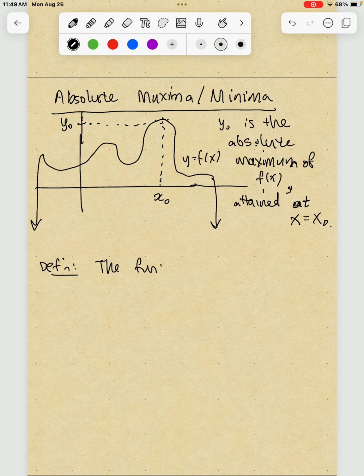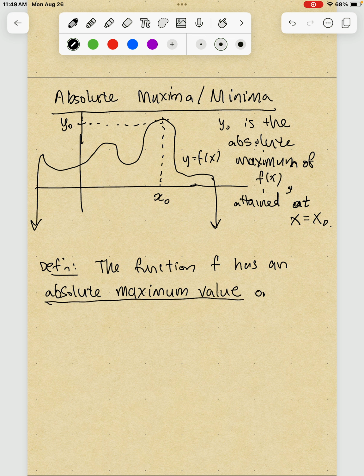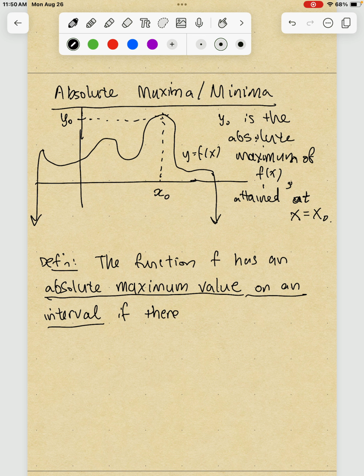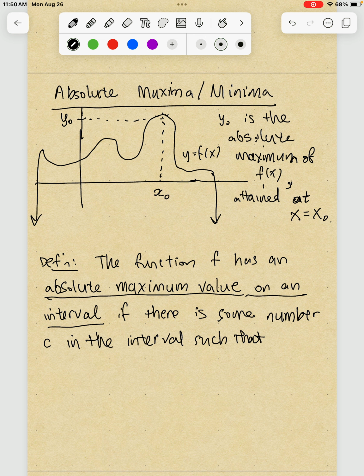So the function f, and now here I'm assuming that f is defined only on an interval, has an absolute maximum value on an interval if there is some number c in the interval such that f of c is greater than or equal to f of x for all x in the interval.